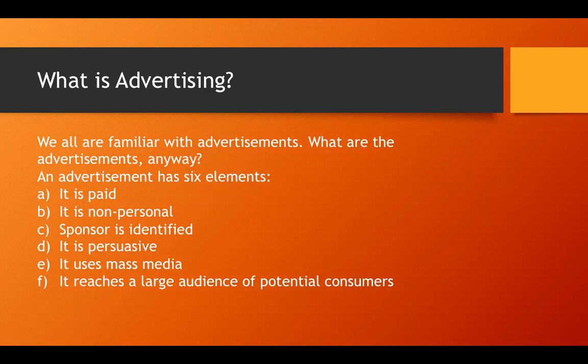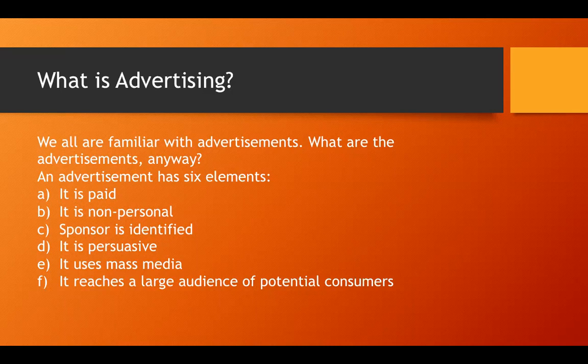Fifth element here is it uses mass media. We have talked about this idea that advertisement is a non-personal communication, and it always aims to reach a large number of audience, and in order to reach a large number of audience, it uses mass media tools.